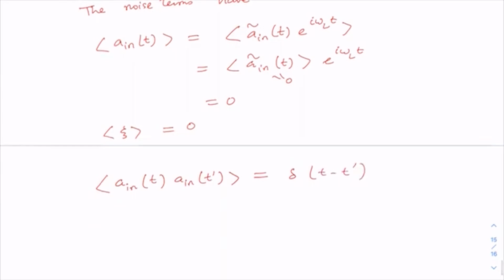You can refer to the last class, where we discussed all these things. Also we have the correlation function in the frequency domain, which we have worked out there: a in omega, a in dagger omega dash is equal to 2 pi delta omega plus omega dash.